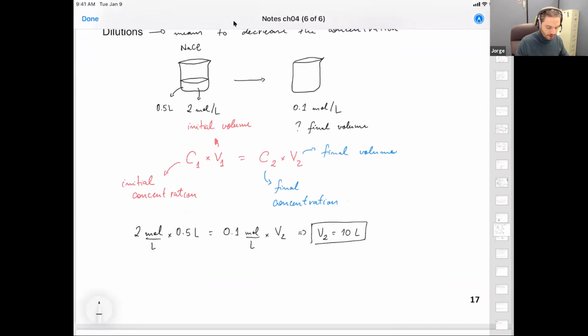So therefore, if we start with a 0.5 liter stock solution with concentration 2 mol per liter, to obtain a 0.1 mol per liter solution, we have to increase the volume all the way to 10 liters.